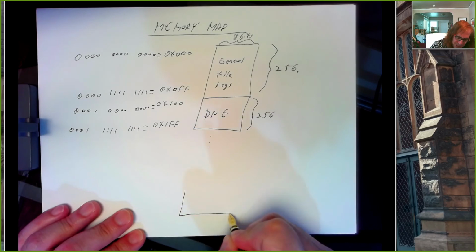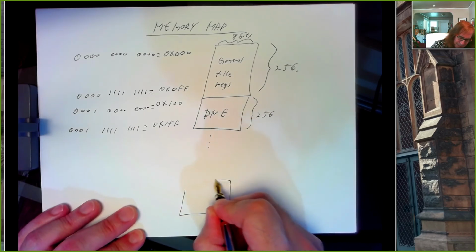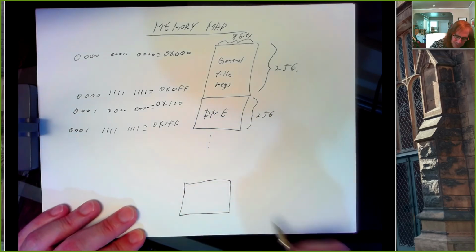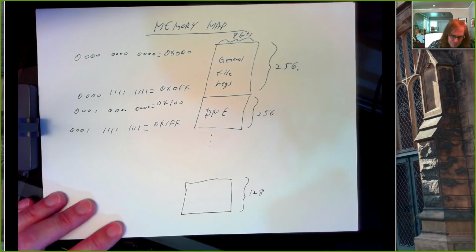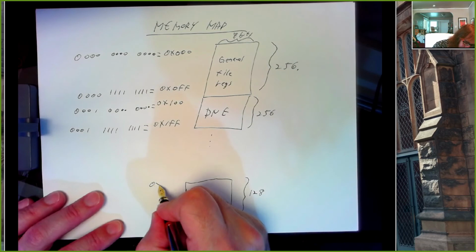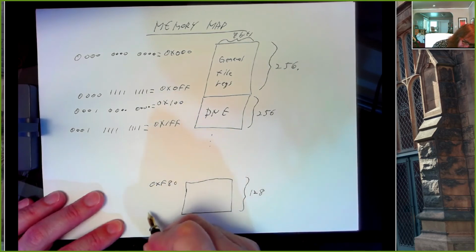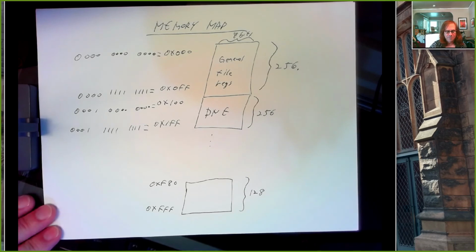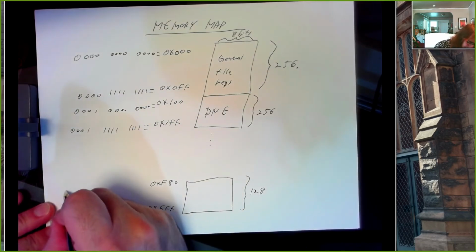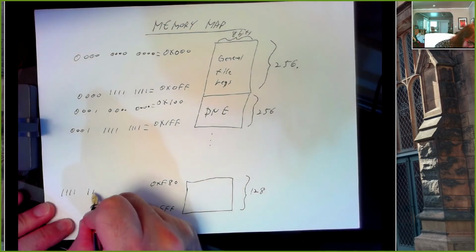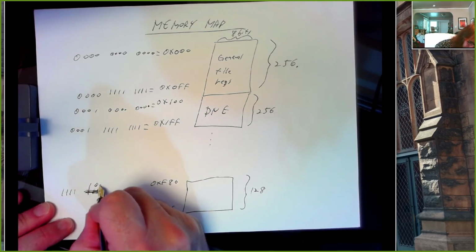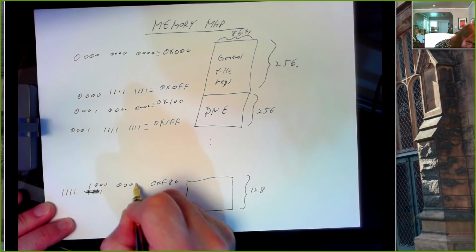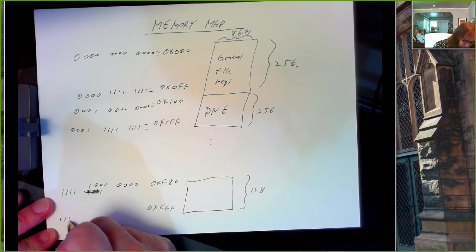But if we keep going, when we get all the way down here, the last 128 of these are going to go from hex F80 through hex FFF. And so F80 looks like this. And FFF, there's our 12 ones.